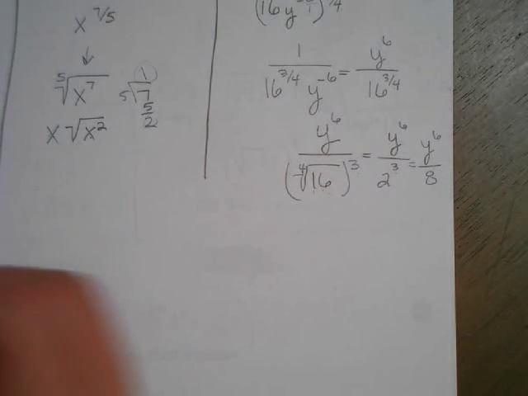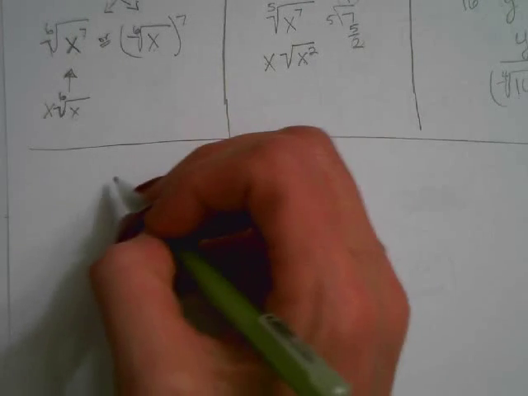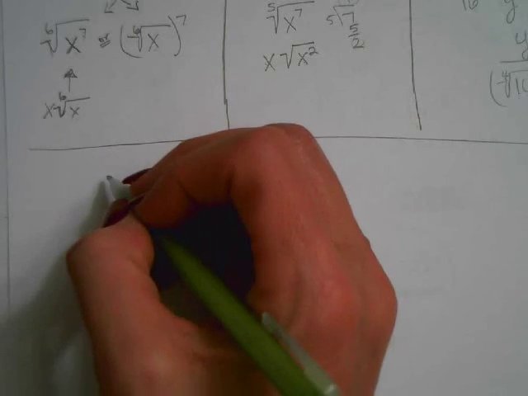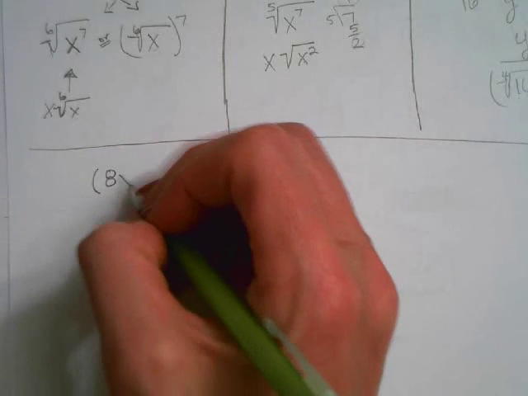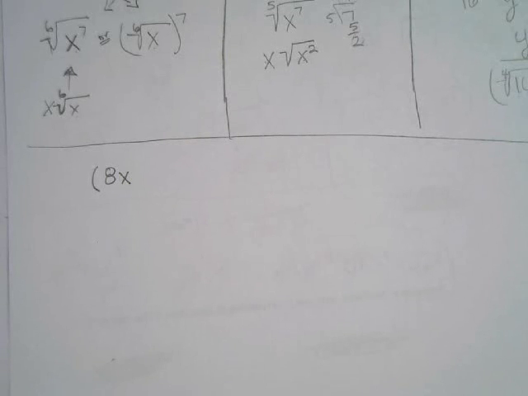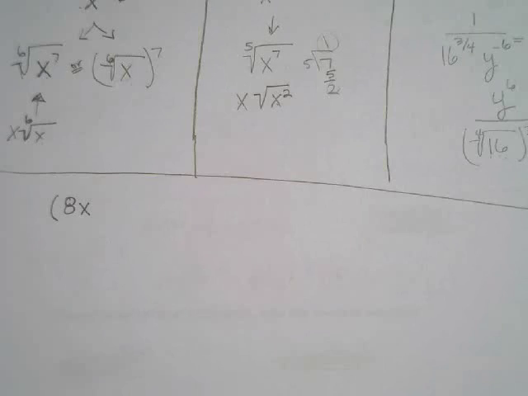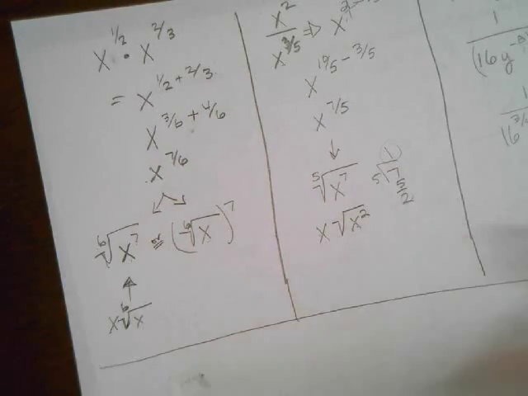Alright, now I'm going to have you write down a couple more problems to try on your own. When you're done writing them down, pause, try them, and then start the recording back up. The first problem was going to be 8x to the... oh, I already did this one, so forget this one.